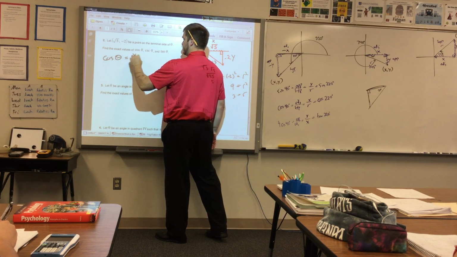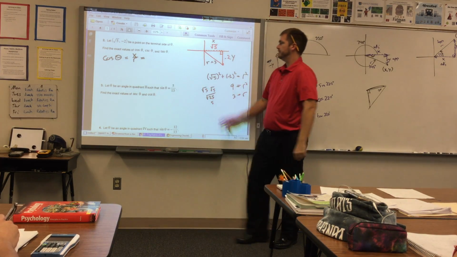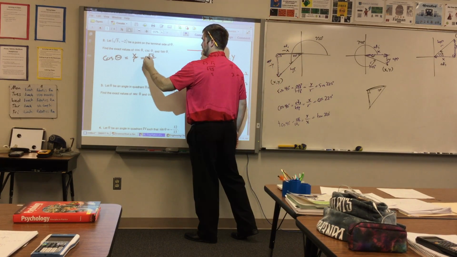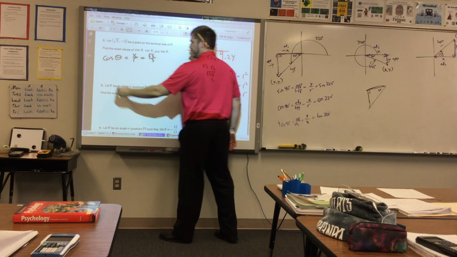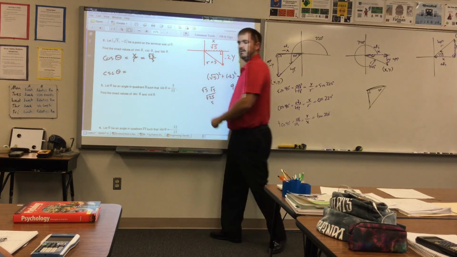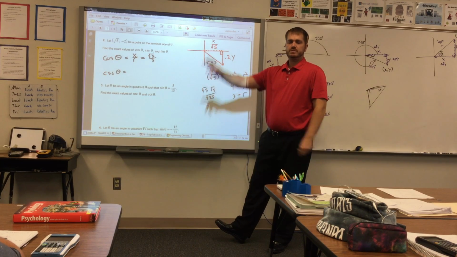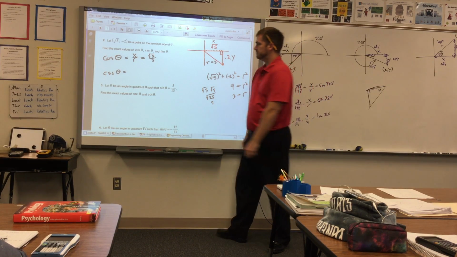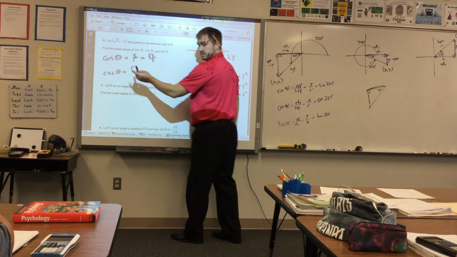Cosine is x over r. So that's root 5 over 3. Somebody tell me, what's that ratio for cosecant? John, a little bit softer, please, thank you. Cosecant, anybody? R over x?